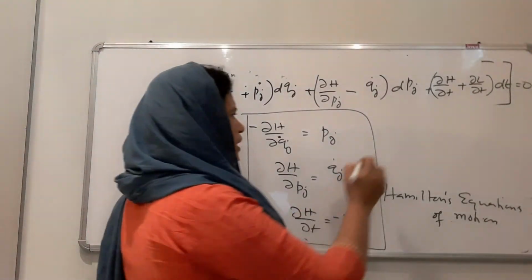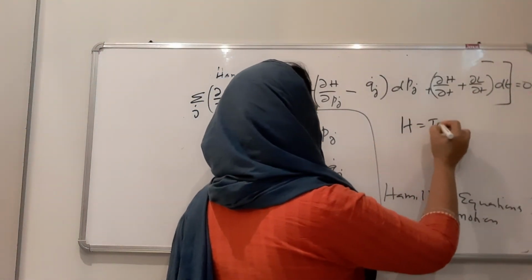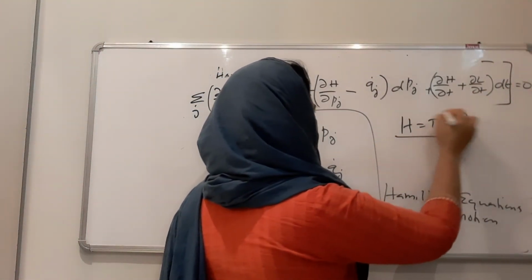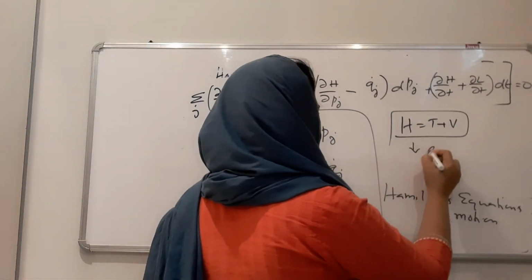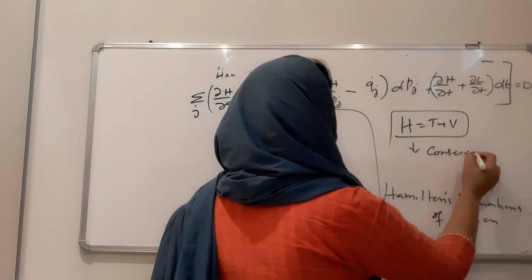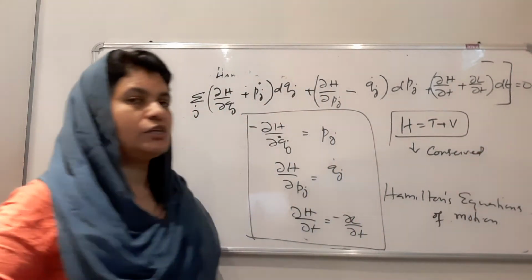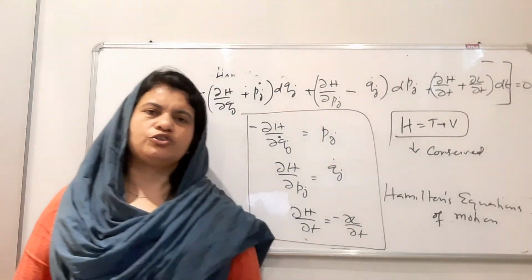And Hamiltonian H is equal to total energy, H is equal to T plus V. It is considered as total energy in certain cases, that is when the system is conserved. Only when the system is conserved, Hamiltonian is equal to total energy. Otherwise, it is only the equation of motion.